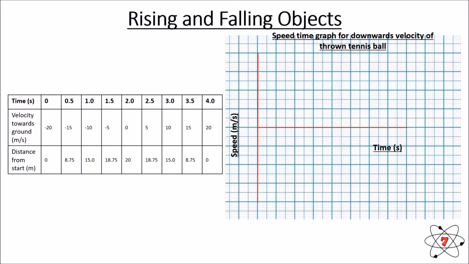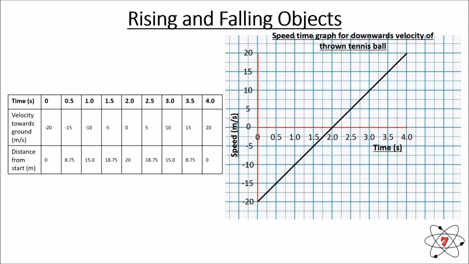So we plot on our axes. Here, the graph is going to be slightly different, but we still have speed and time. We make sure that every square has the same value, and we plot on our points. We can see that at 2 seconds, the velocity downwards towards the ground is at 0 meters per second.